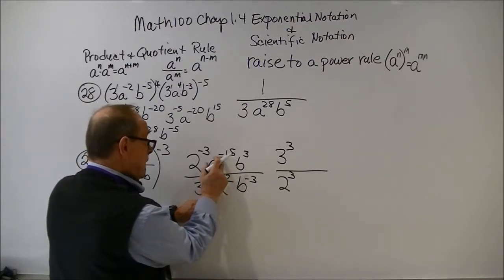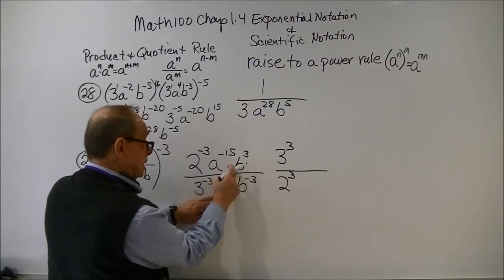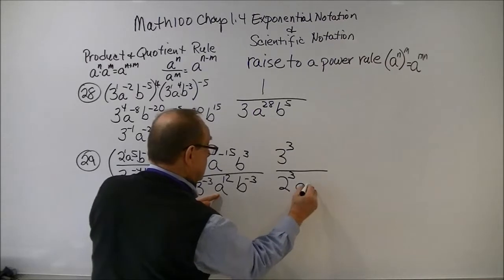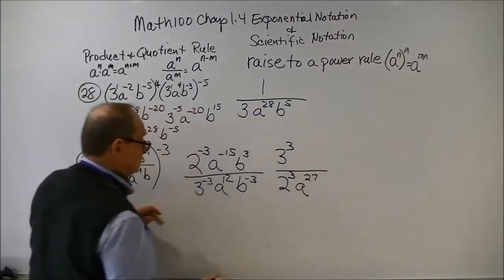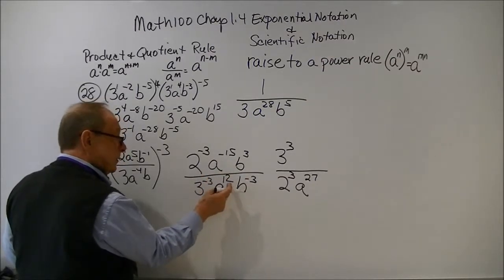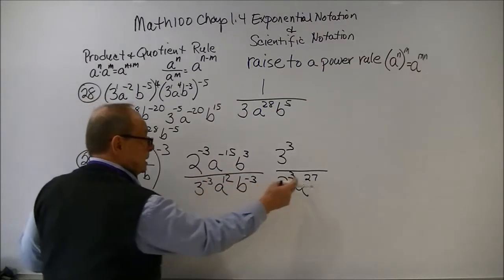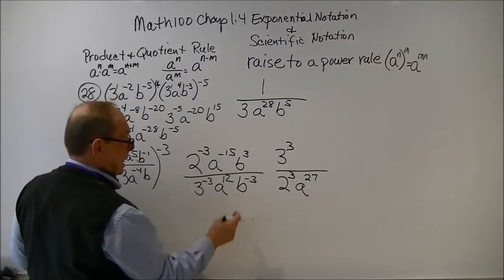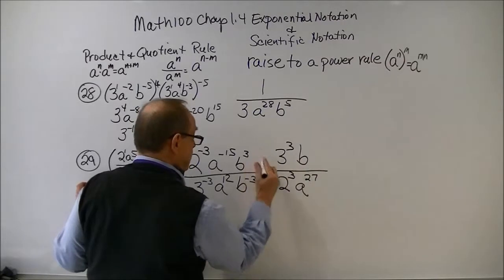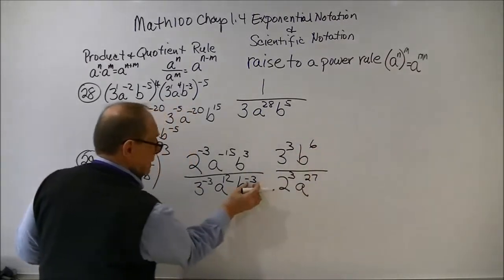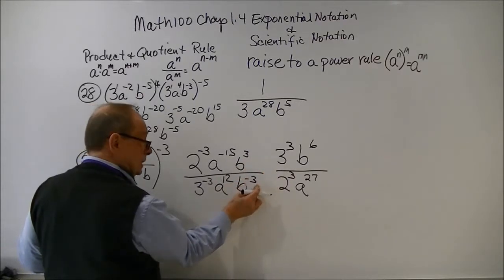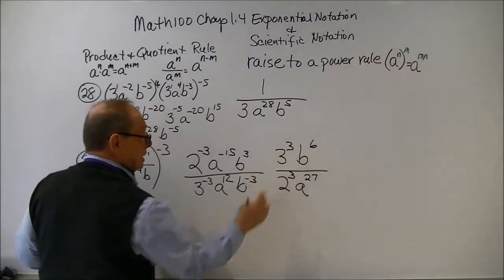So we're going to take the A to the negative 15, bring it down, and that becomes A to the 27th. So when it comes down, 15 plus 12 is 27. And this, as it goes up, becomes a positive B to the 6th. This is a negative 3 here, it crosses the division bar, it's going to change its sign, add it, gives you that.